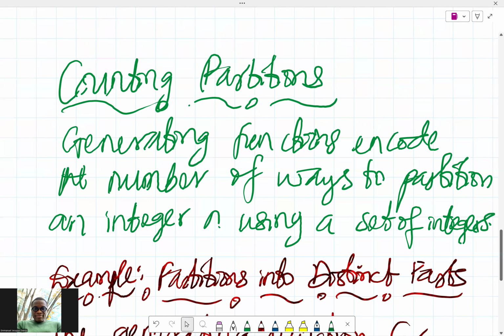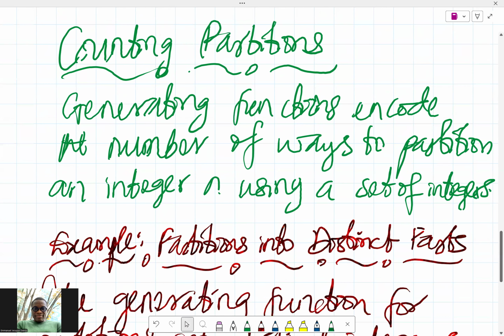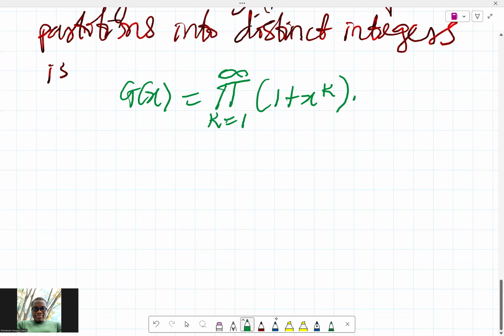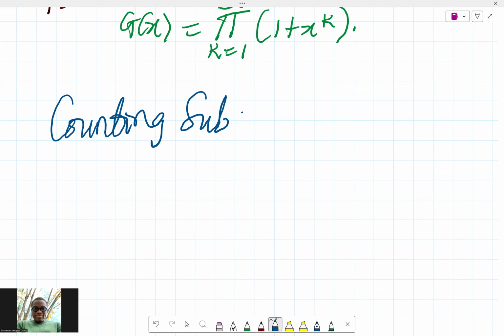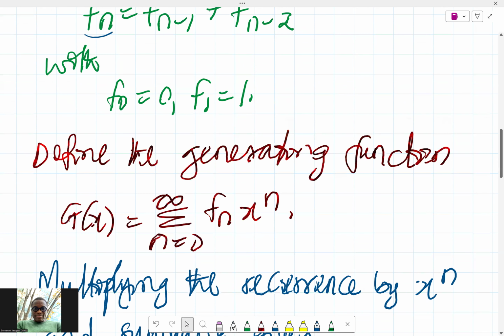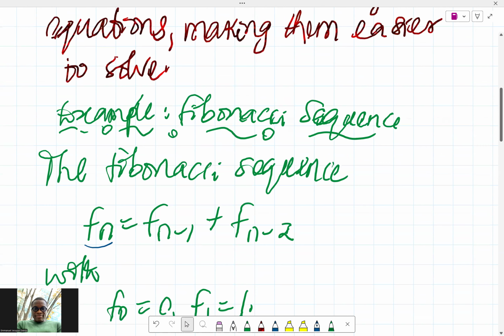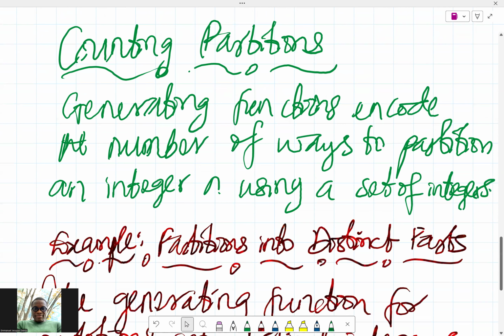Counting subsets. That's the third application of this in combinatorics. We're talking about some applications of generating functions in combinatorics.